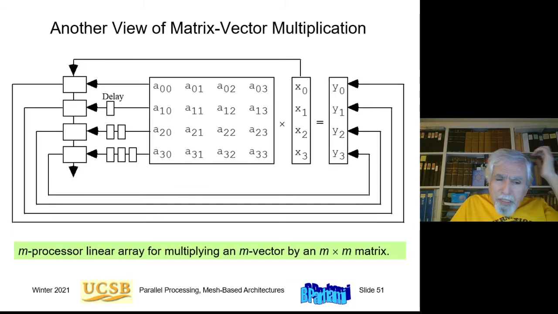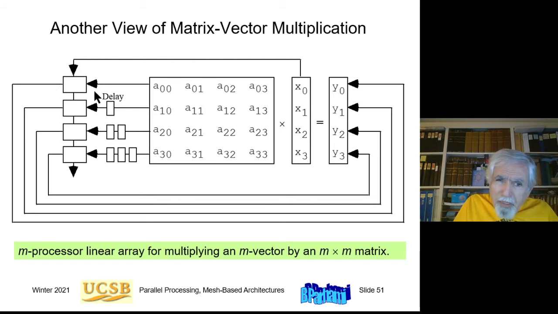This is another way of looking at that solution. This is the matrix. This is the vector by which it is multiplied. And this is the result vector. The input vector is input here, one element at a time: x0 first, then x1, then x2, then x3.